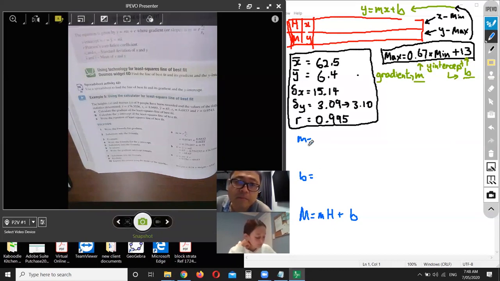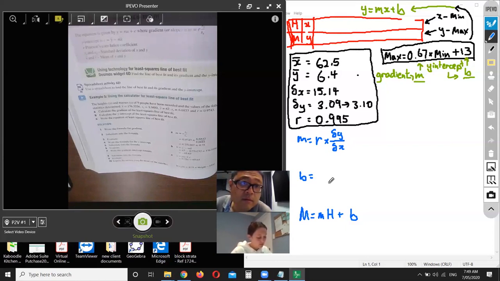Okay. So on page 242, it says that M equals R times, now see how it says SY? SY is just the same as delta Y, over delta X. And then what's B?